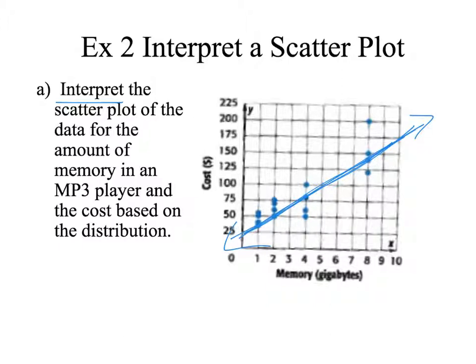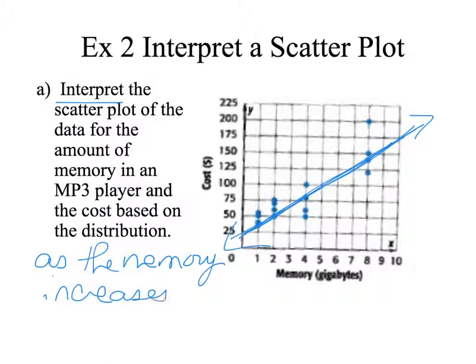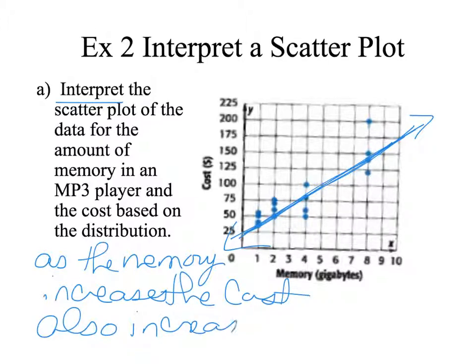So you would say something along the lines of, as the memory increases, the cost also increases. And that's what we saw. As these numbers were getting higher, the cost for my megabytes was also getting higher. So just a short sentence telling what you saw.